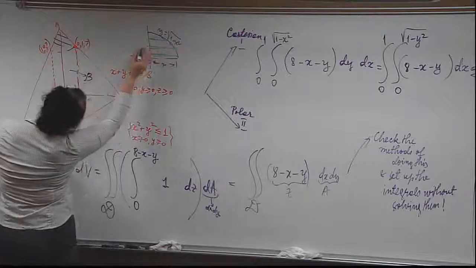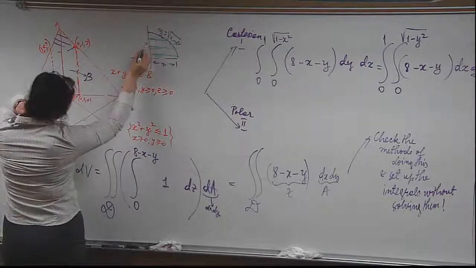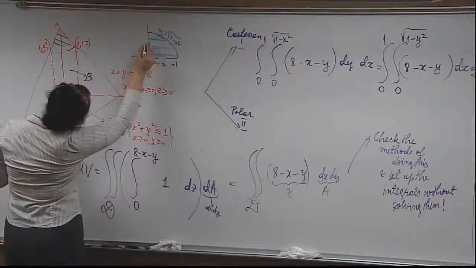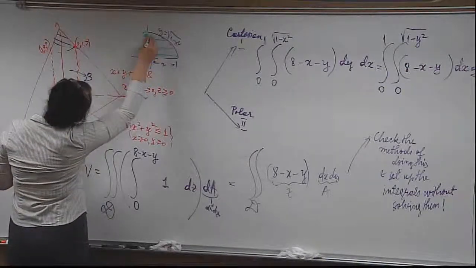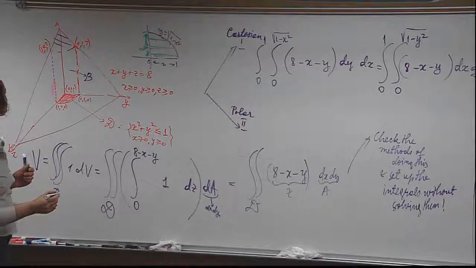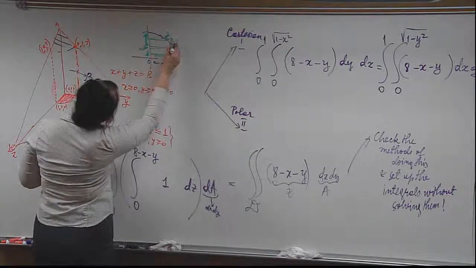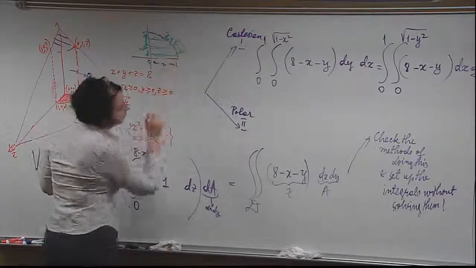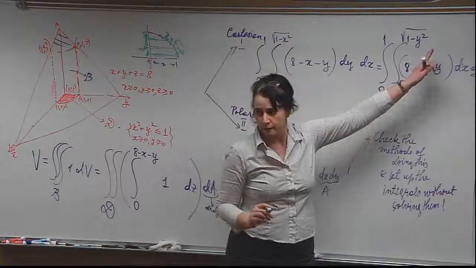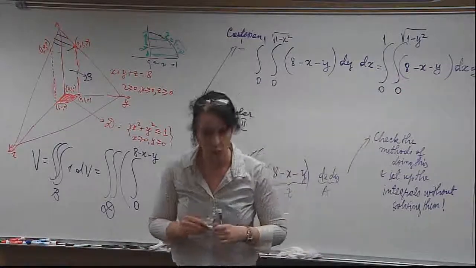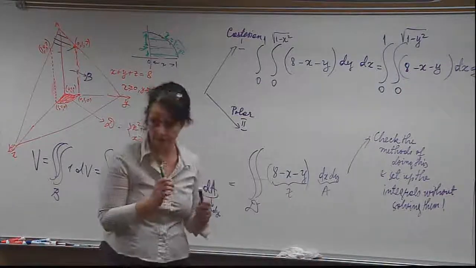So it means that I need some yoga. y is between 0 and 1, or gymnastics. So x is between 0 and square root 1 minus y squared. And I'll put it here. And I'm going to make a sample like I promised.